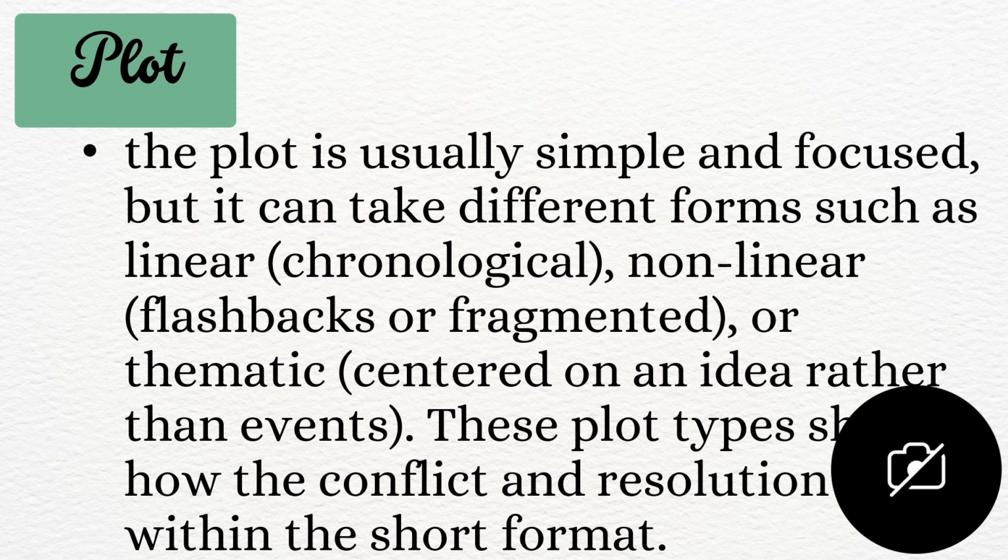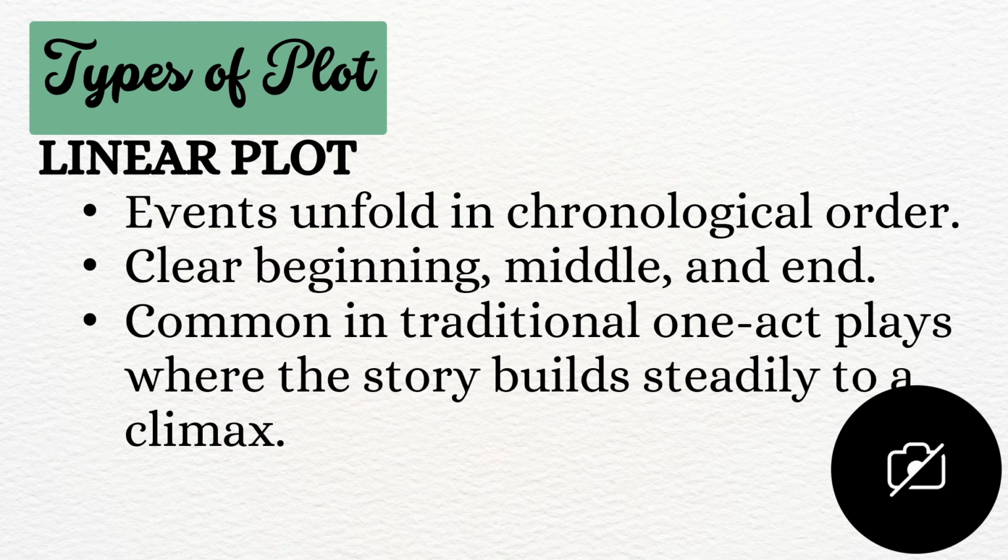Okay? All right. So, first type of a plot is what we call a linear plot. Again, this is the most common one. This is the most common type of plot and believed to be the easiest because there is a specific beginning, middle, and ending. So the events unfold in chronological order. There's a clear beginning, clear middle, and clear end.